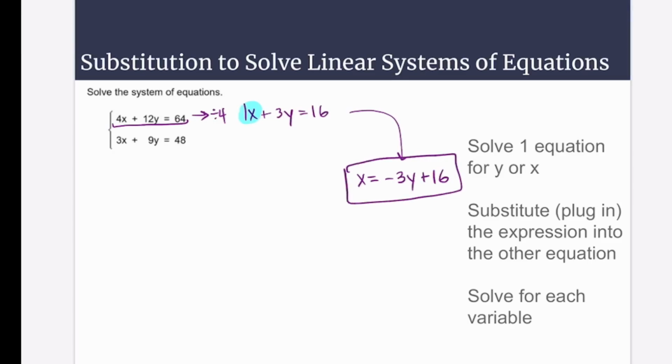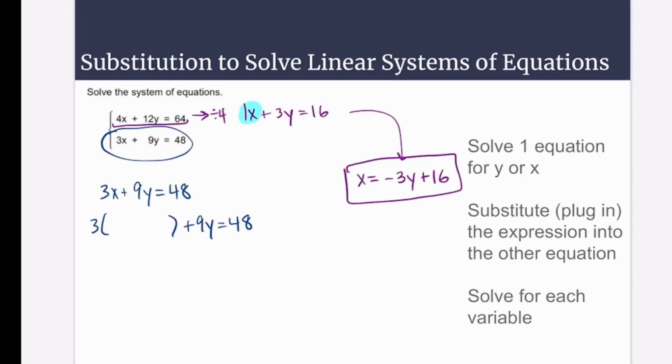And now I could take that x value and plug it into this other equation. So this second equation, 3x plus 9y equals 48. I'm going to have 3 times that plus 9y equals 48.